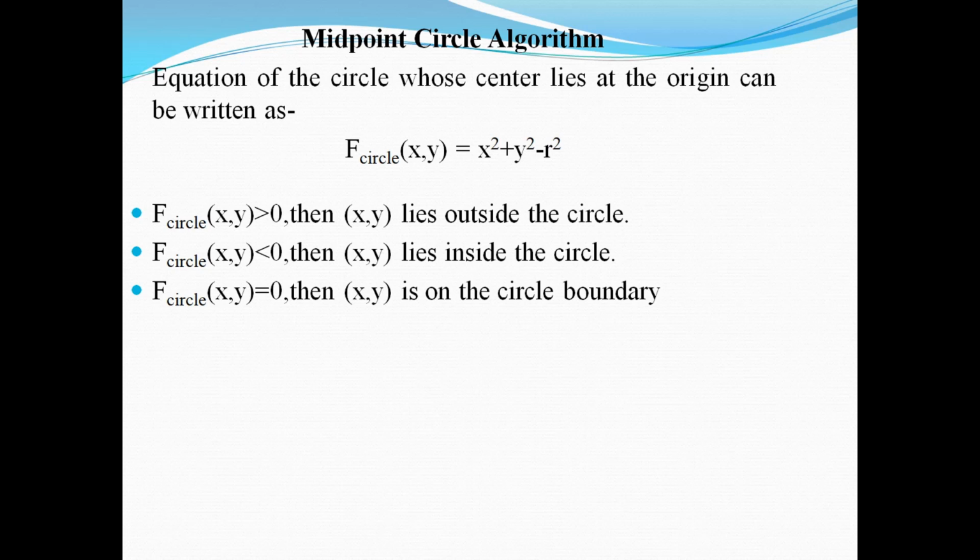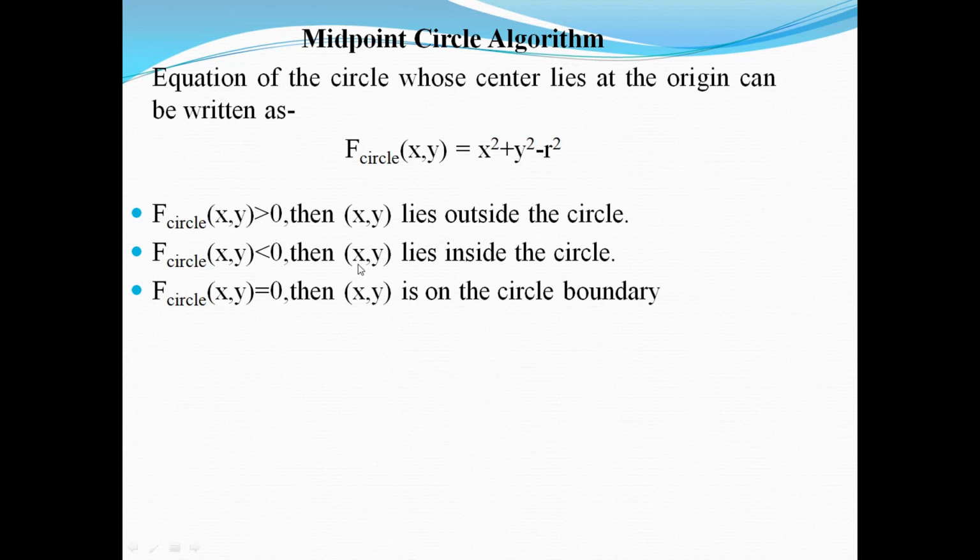Now, this is the equation of the circle which we shall be using. The equation is x square plus y square minus r square. This is the equation of a circle whose center lies at the origin of the x-axis and y-axis. If we take any point x, y which lies outside the circle, then the circle equation would be greater than 0.